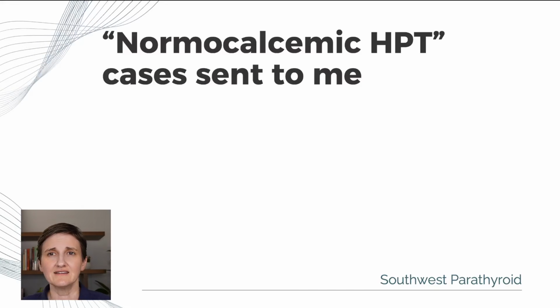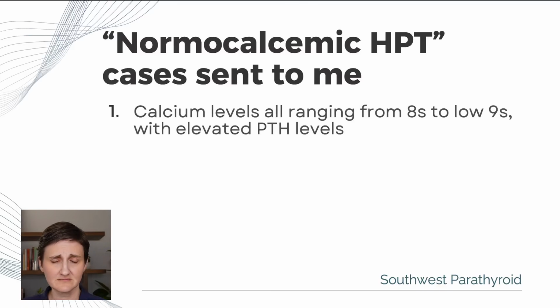So I get a lot of cases referred to me for normocalcemic hyperparathyroidism, or patients who are told they have normocalcemic hyperparathyroidism. And a lot of them don't actually have it. That's not their diagnosis. And here's why. These are the most common scenarios that I get. The calcium levels are all ranging from the high 8s to the low 9s, all of them, probably for years. And now they have elevated PTH levels.